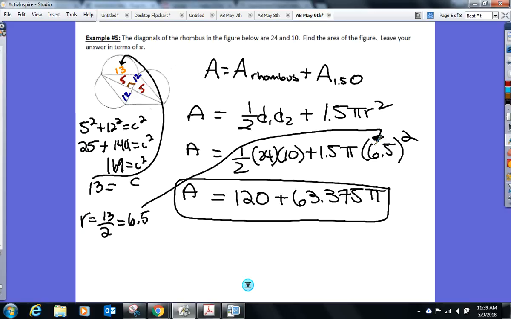Height squared and then multiply it by 1.5. Yeah, that's what I did. Now, if they weren't the same circle, then you couldn't do that, right? Correct. But if it wasn't a rhombus, you couldn't do that, or a square.